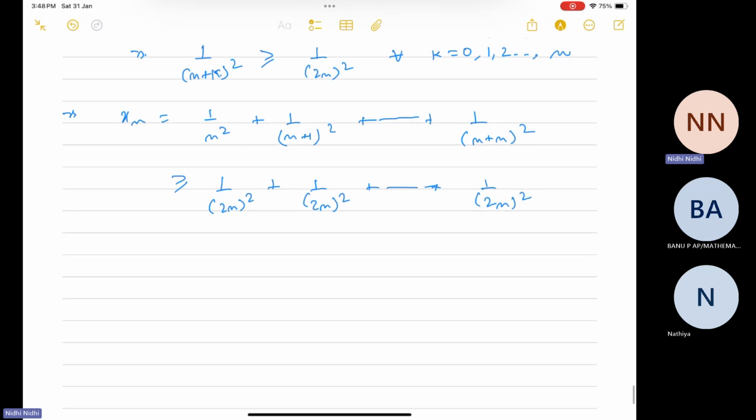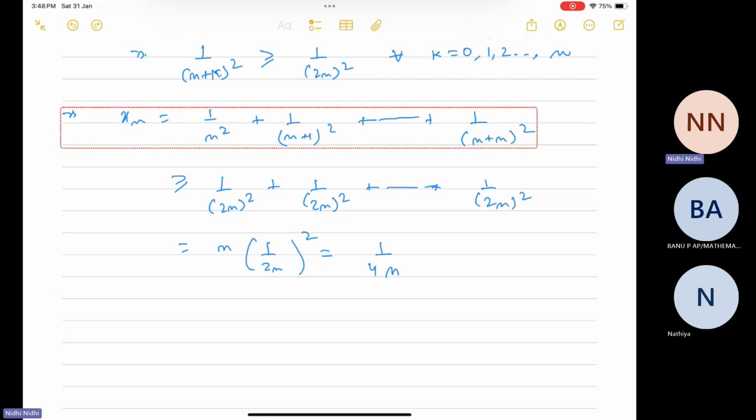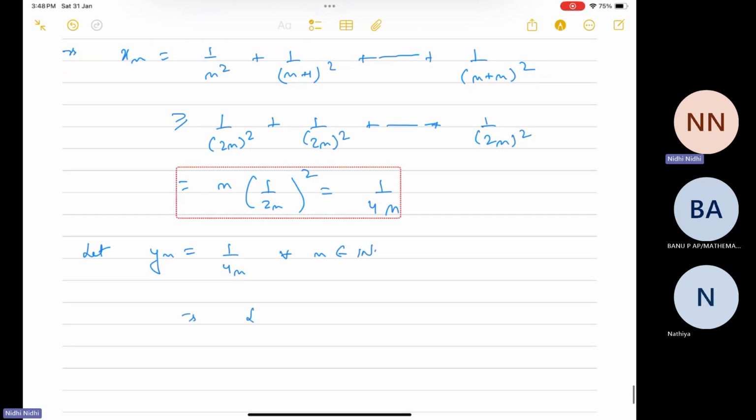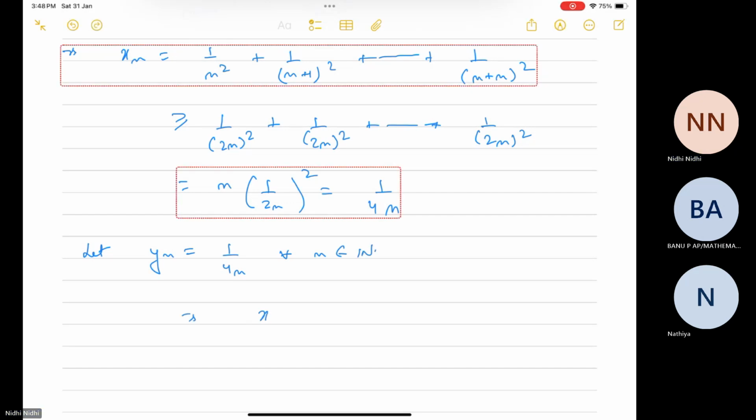So this is basically n times 1 by 2n squared, which is 1 by 2n. Yeah, n and n squared will get cancelled out. So let yn be equal to 1 by 2n for every n in N. We get xn is greater than or equal to yn.